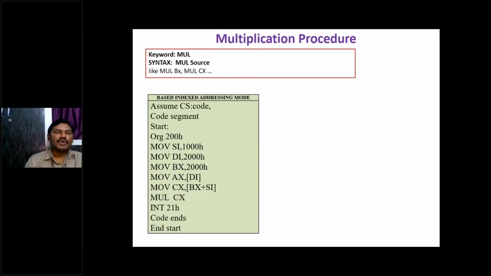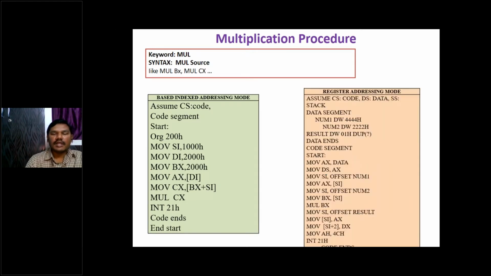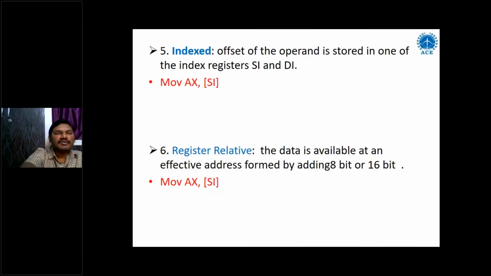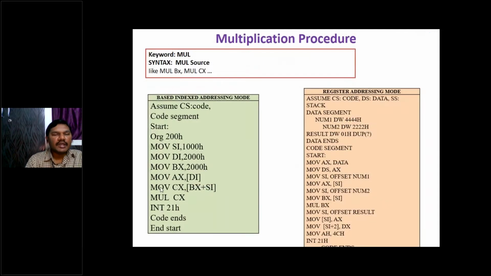See here, the multiplication program using indexed addressing mode. In this indexed addressing mode, if you write a statement like MOV AX, [SI], then it is called indexed addressing mode. So for this kind of programming, I am taking MOV AX, [DI], MOV CX, [BX+SI], and MUL CX.